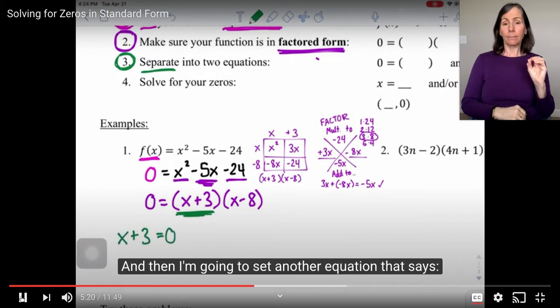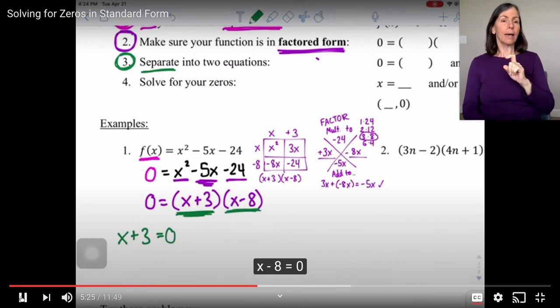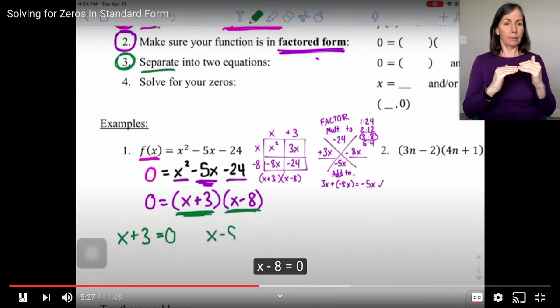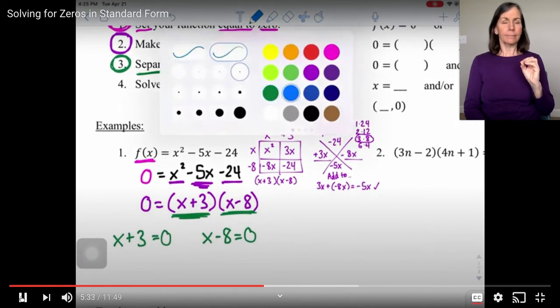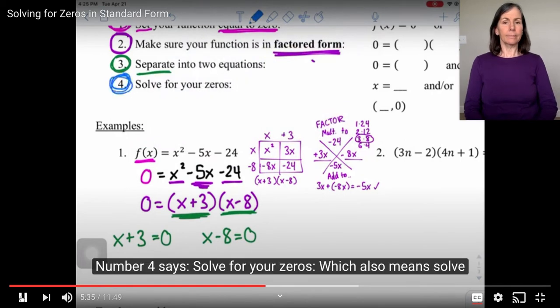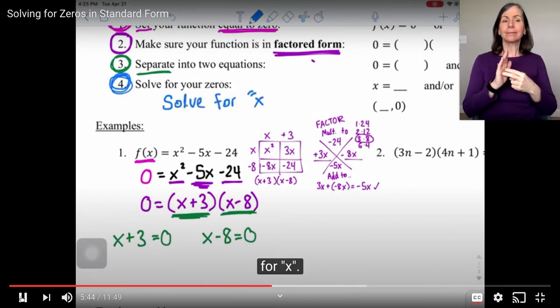And then I'm going to set another equation that says x minus 8 equals 0. Number 4 says solve for your zeros, which also means solve for x.